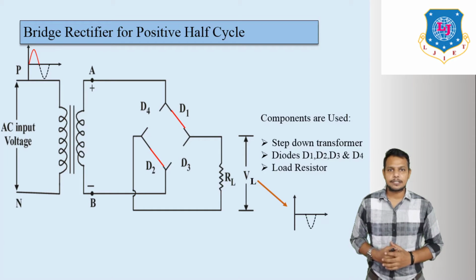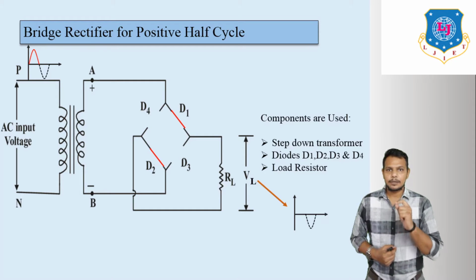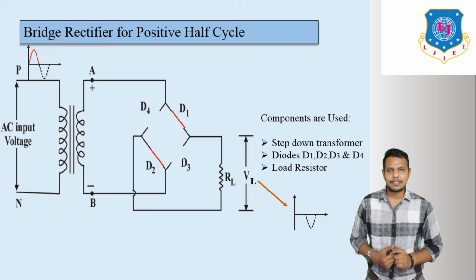We have discussed earlier that if current flows from anode to cathode, your equivalent circuit will be a closed loop. That means it works in forward bias. If current flows from cathode to anode, your diode works as an open circuit. That means reverse bias.